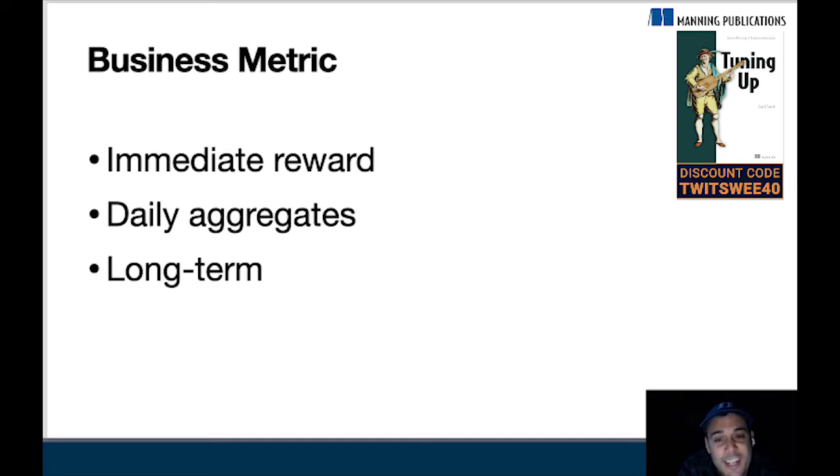That would be a negative reward, or let's say a negative business metric. But the business metric depends on the system at hand, and they're different. There are lots of different types of business metrics.